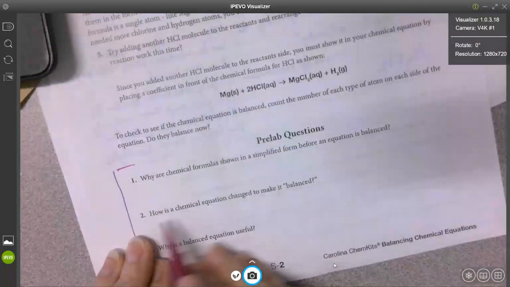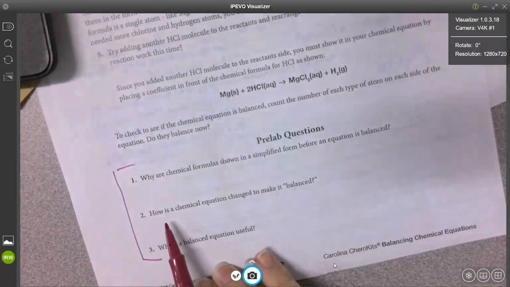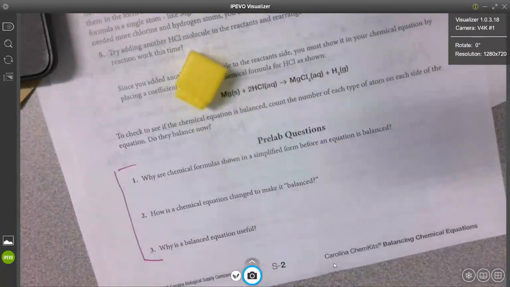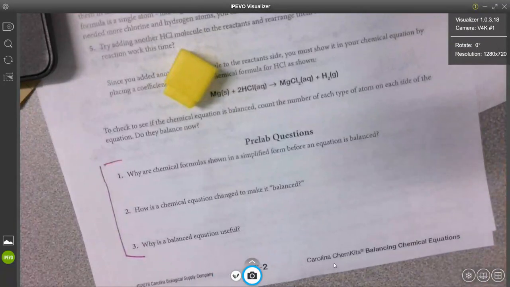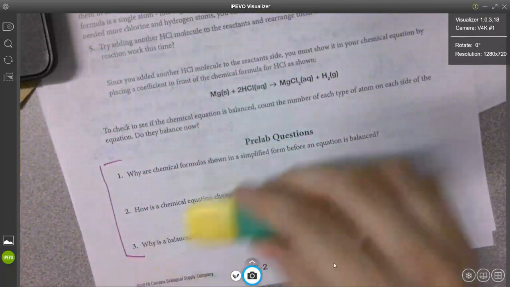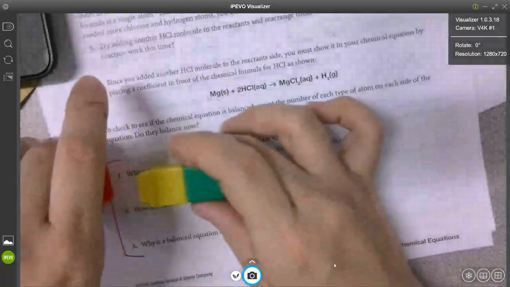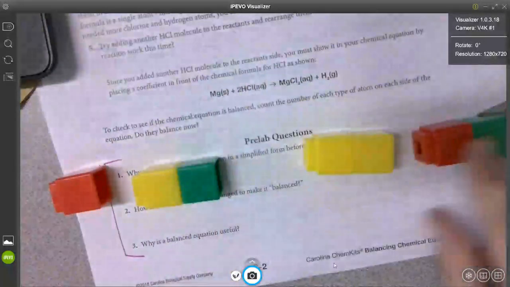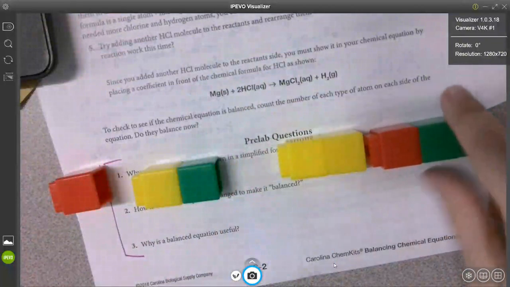For question 2, how is a chemical equation changed to make it balanced? Well, you don't just throw an atom out there and say, oh, it's balanced. No, if you look at your example, again with our magnesium and hydrochloric acid, that gave us hydrogen gas and magnesium chloride.